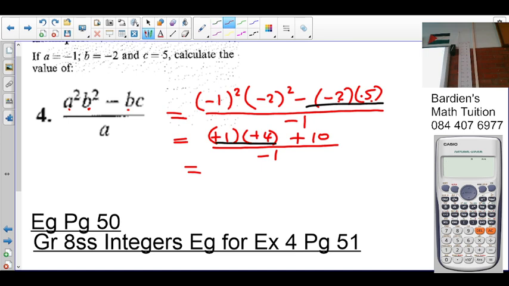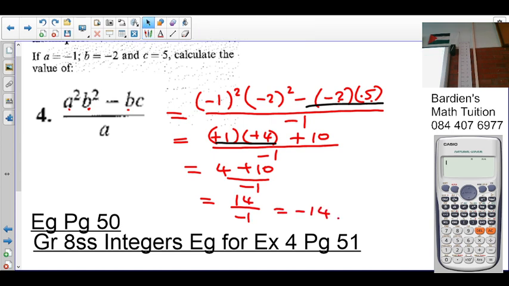What's positive 1 times positive 4? Positive 4 plus 10 over negative 1. What is 4 plus 10? 14 over negative 1, which is negative 14. Was there any confusion there?